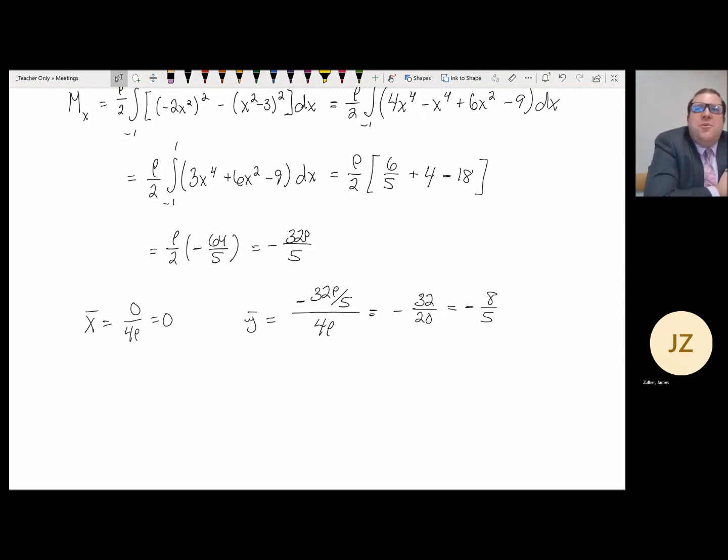This brings a very important point up. Notice that rho doesn't play a role in the center of mass here. So if you're just asked for the centroid and it's constant density, you can just set rho to be 1.